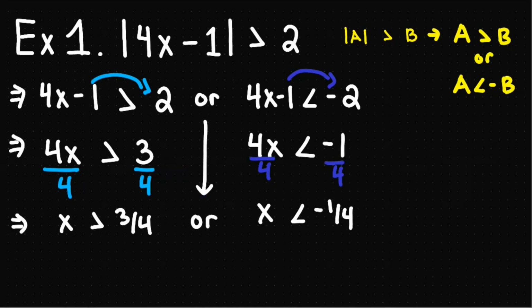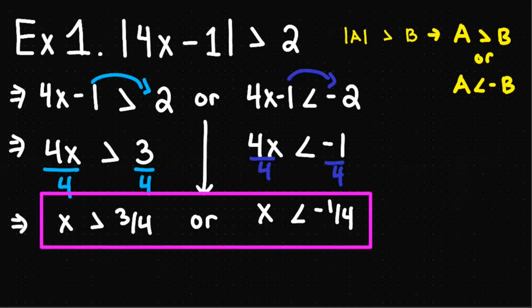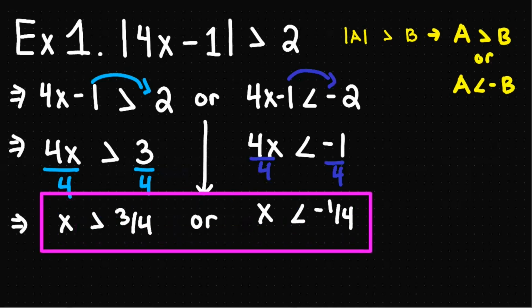Let's box that one. There. But sometimes we prefer the answer to be in interval notation. Just take note that when we have an or here, that simply means we're talking about the union of two sets.